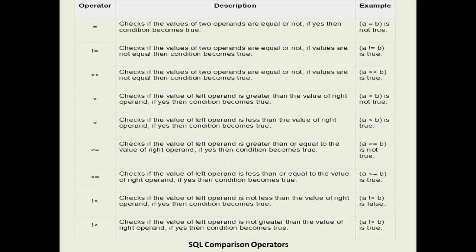We also know about not equal. In the same way, here we are using the less than and greater than symbols. For example, a less than, greater than b means that a is not equal to b. Okay. So greater than or equal to, less than or equal to, not less than, not greater than.